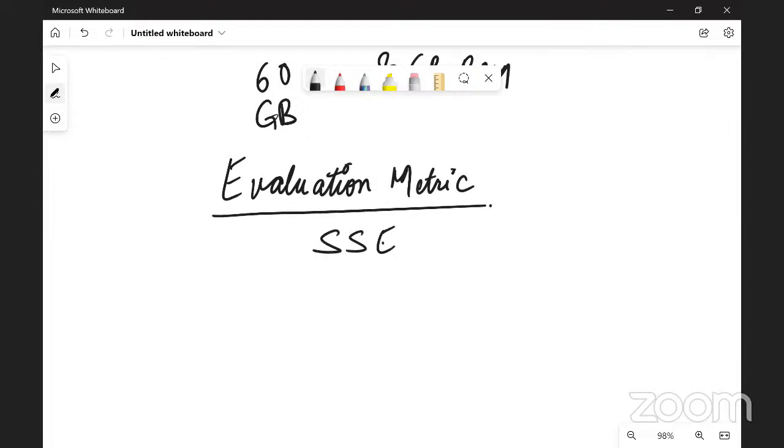One of them is squared error, but we don't use it quite often. Instead of squared error, we use RMSE.